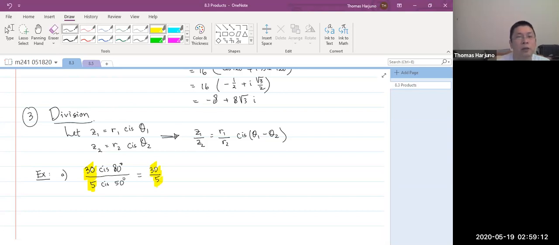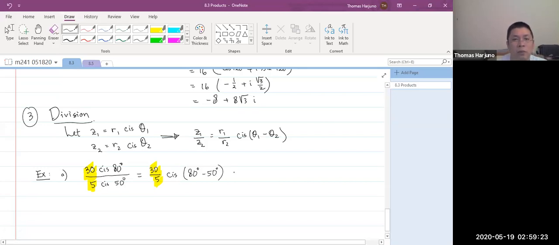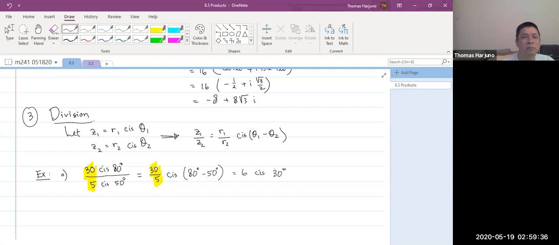And then as for the angles, that will be cis 80 degrees minus 50 degrees. That is 6 cis 30 degrees. Is it okay?